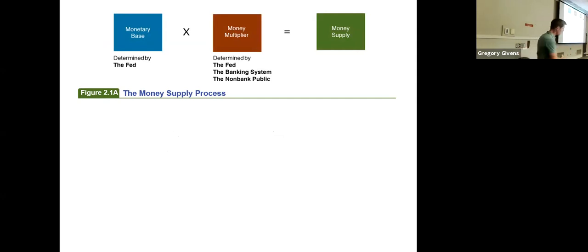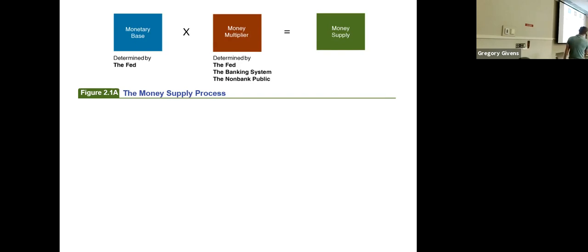Figure 2.1a gives a nice visual description, I think, of the money supply process. In fact, it's really the most important picture in the slides, because if you really understand what's in this picture, I think you'll have a pretty deep understanding of the money supply process. What it shows, on the right-hand side in this green square, is an economy's total supply of money.